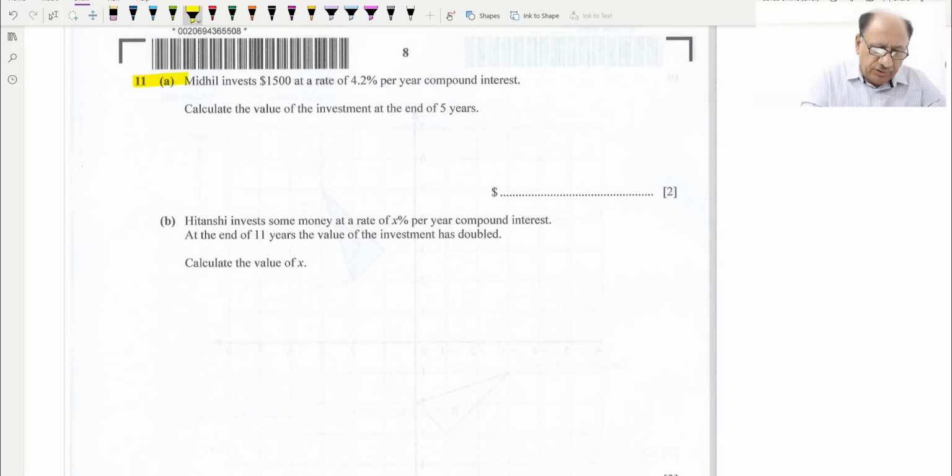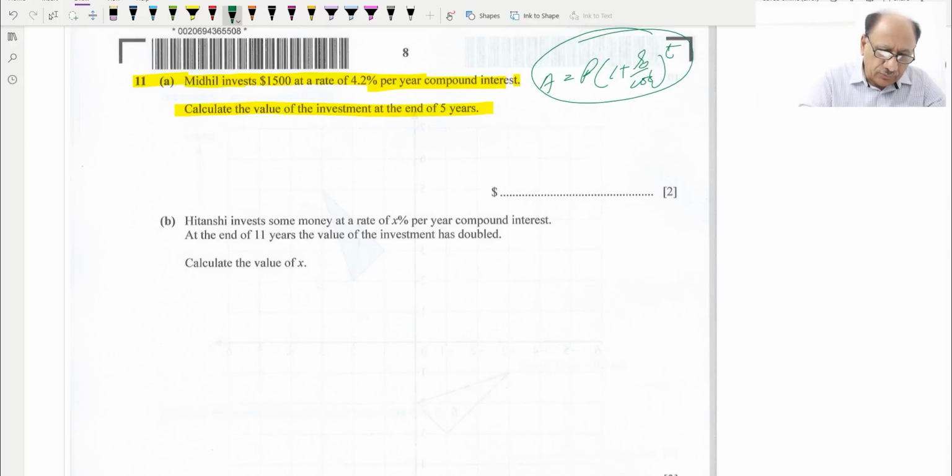Question number 11, part A. Mid-Hill invests $1,500 at the rate of 4.2% per year compound interest. Calculate the value of the investment at the end of 5 years. So we will be applying the compound interest formula, which is A is equal to P into (1 plus rate over 100) raised to the power n.